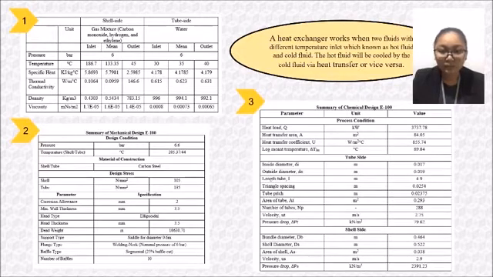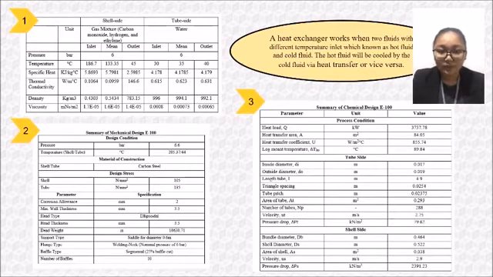In diagram 3, it is the summary of the chemical design of exchanger 100. The heat load we are using here is 3737 kilowatt, and the number of tubes is 288 tubes.